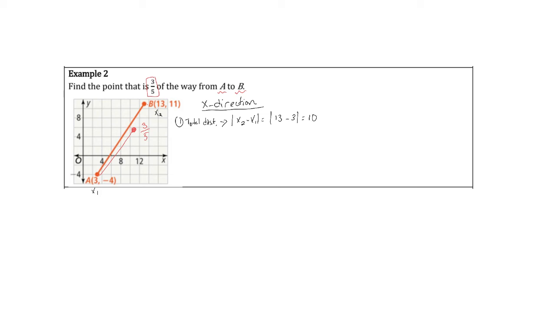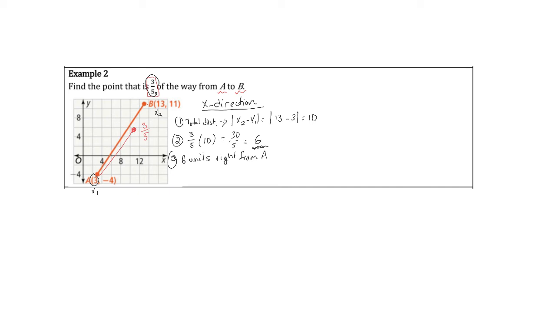Now we take this 3/5 and multiply it by that total distance of 10. So 3/5 times 10 gives you 30 over 5, which is 6. So we need to add this 6 to our x value for A. We're going 6 units right from A.